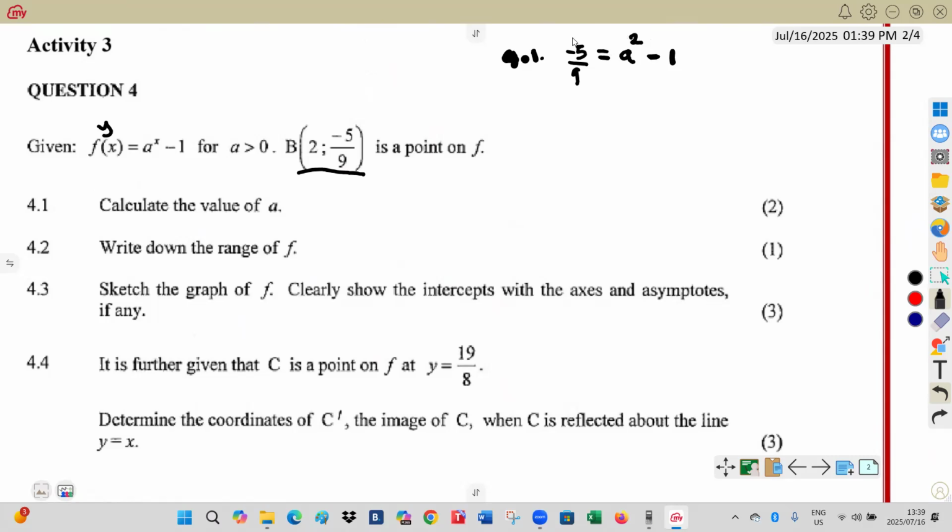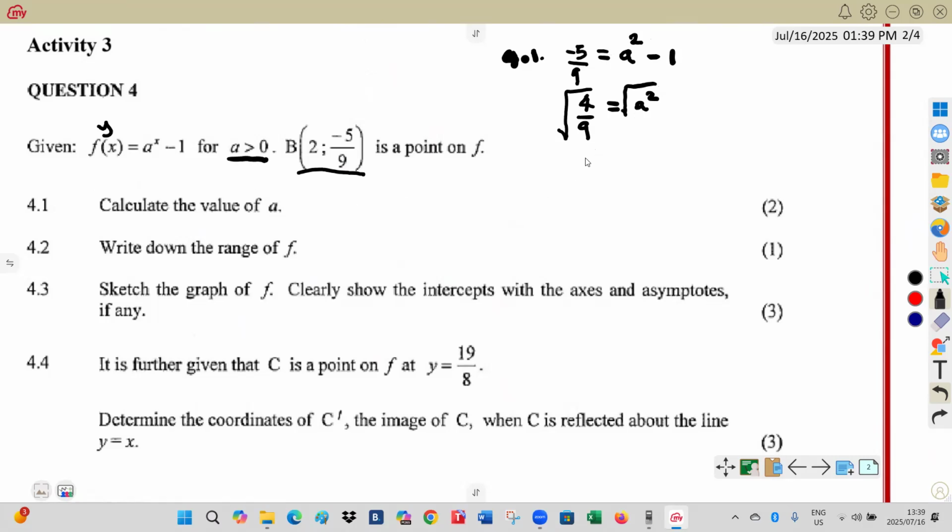Then we transpose the 1 to that side, it becomes positive, so it becomes minus 5 over 9 plus 1. We are going to get 4 over 9 being equated to a squared. To solve for a, we find the square root both sides, but we are not going to put plus or minus because we are told a is greater than 0.